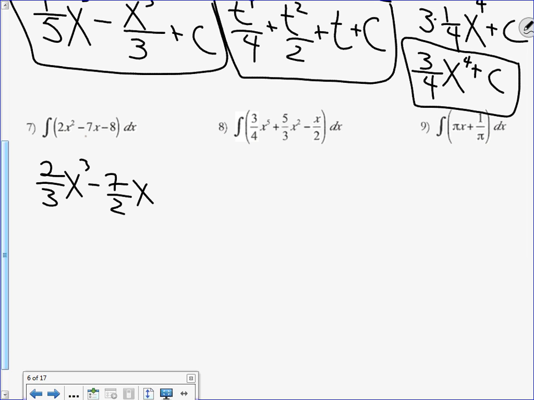Minus 7 over 2 times x squared. Nice. What about the antiderivative? We got the minus 8. Let's take the antiderivative. Minus 8x. And then we need plus c.